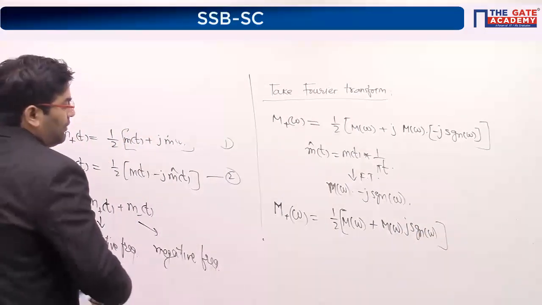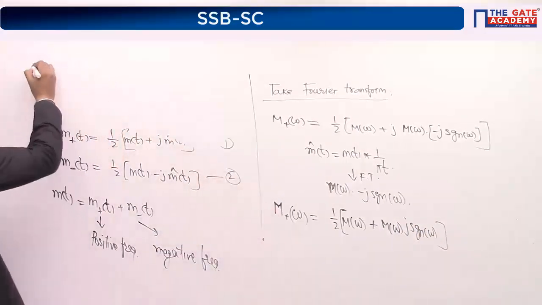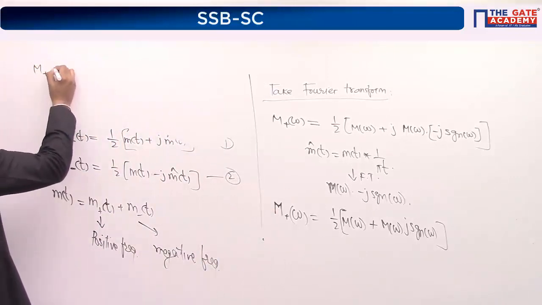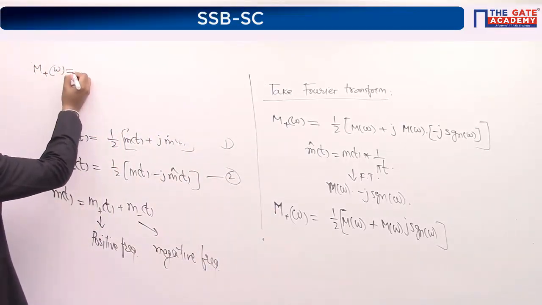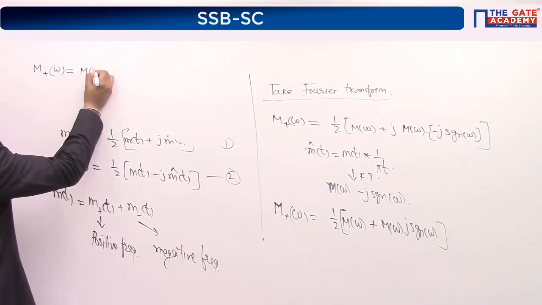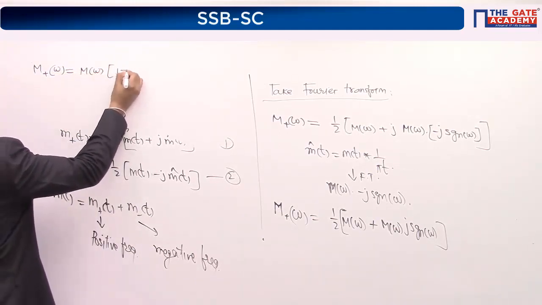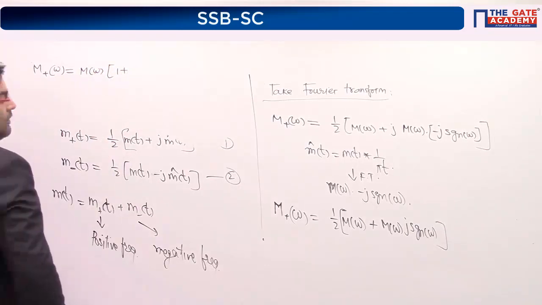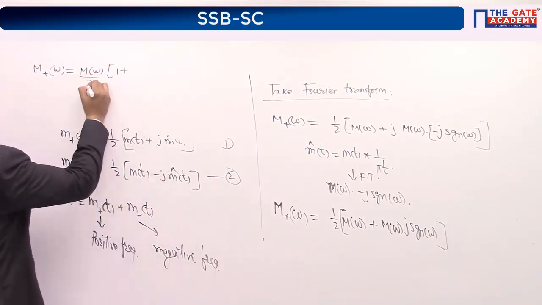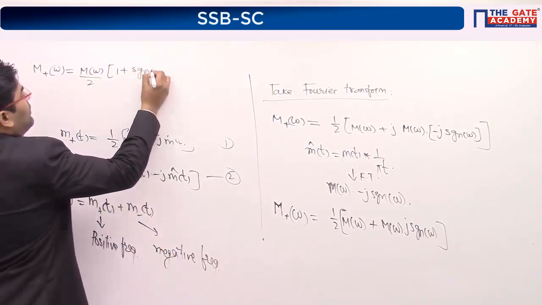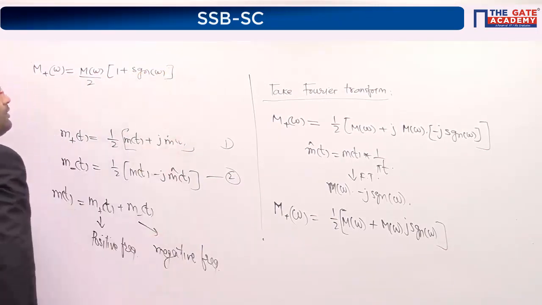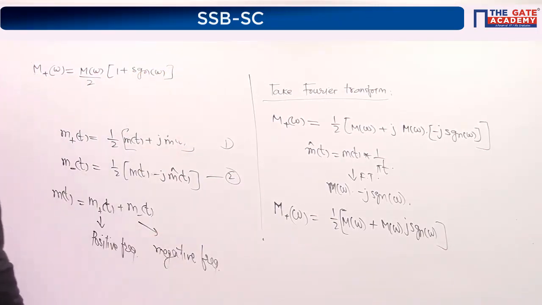So you can see that m plus omega is equal to, taking common, 1 plus signum omega.